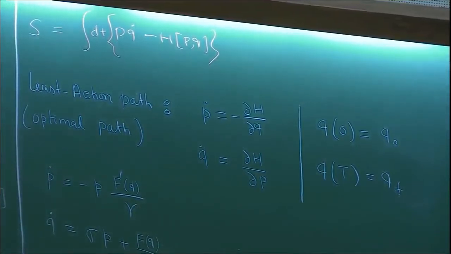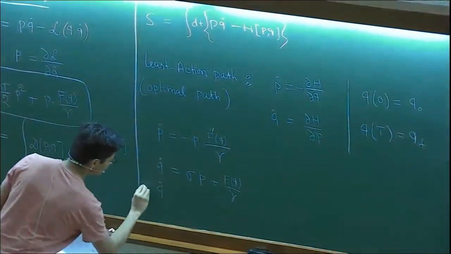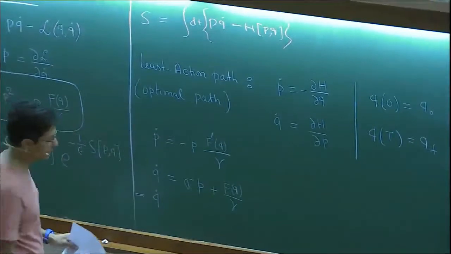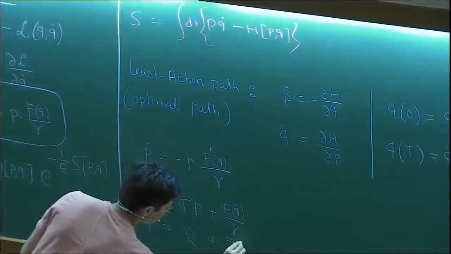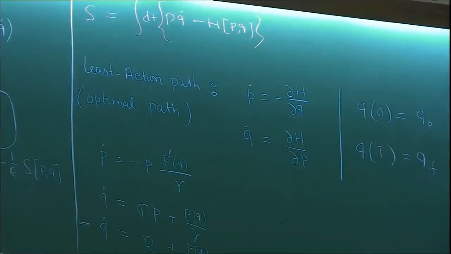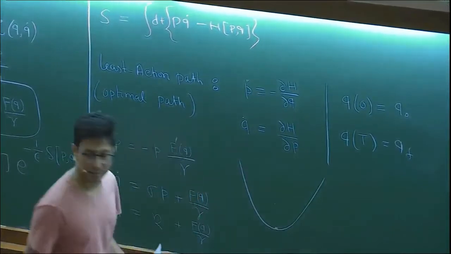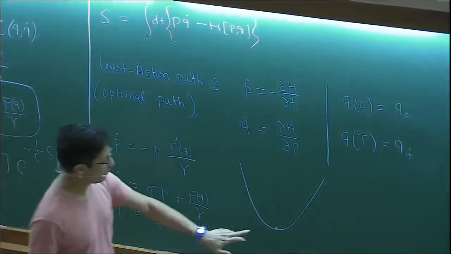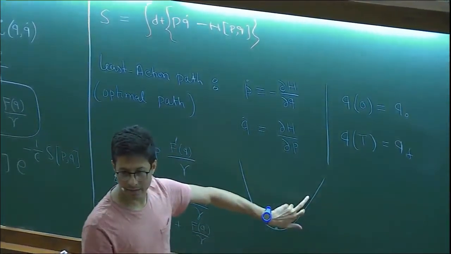Okay? Now it's instructive to actually look at this equation, okay, and compare that with the original overdamped Langevin equation. So let me just write that part again here. So this is the starting stochastic differential equation. So there was an eta part, and then there was F(Q) by gamma. So one should look at this physical picture. So what's happening? If I'm in a potential well, and I'm starting, let's say, at the minima, then if I want to see some position uphill at some point, it is less likely. Okay?